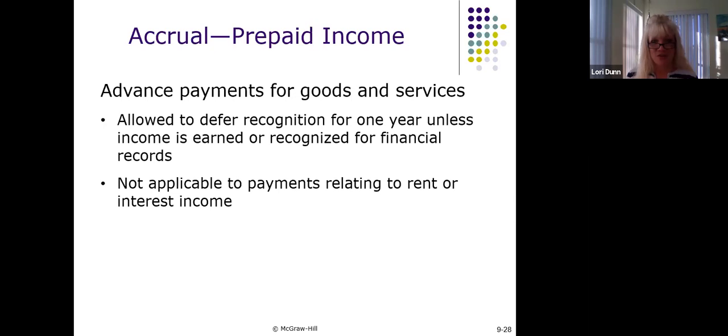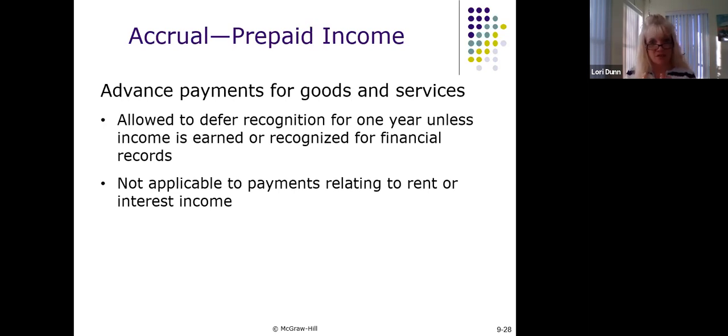You are allowed to defer recognition for one year. So even though you received the cash in 2020, you may be able to defer it and not show it in your income until 2021, unless the income is already earned or recognized in your financial records.